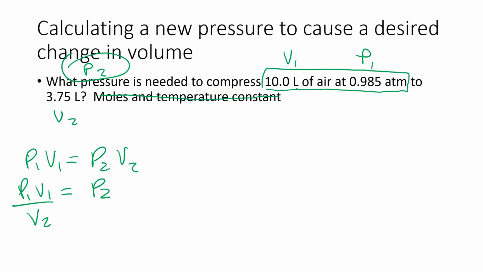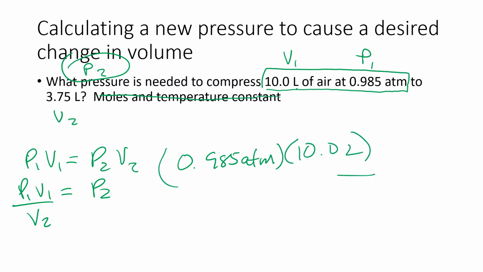So P1 is 0.985 atmospheres times 10 liters divided by 3.75 liters. Liters cancel out. I am trying to find P2. Atmospheres is going to be my unit, and that's fine. 0.985 times 10 divided by 3.75.